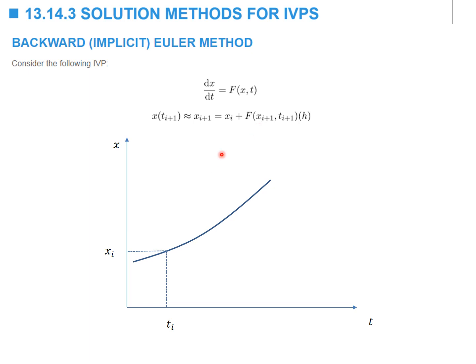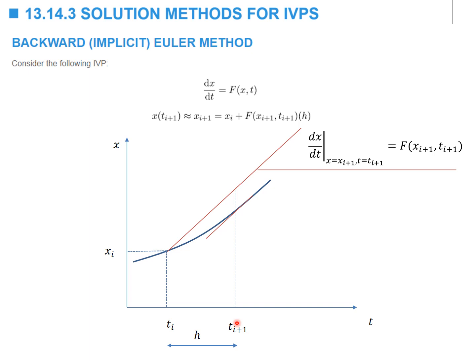In the explicit Euler method, the previous one, we evaluated the rate at that particular point. Here, we're evaluating the rate at the next point, which in some situations might be a little bit problematic, because it can cause the equations to become nonlinear, since I don't really know the value of xi plus 1 and I'm trying to calculate the value of the rate at that new point.